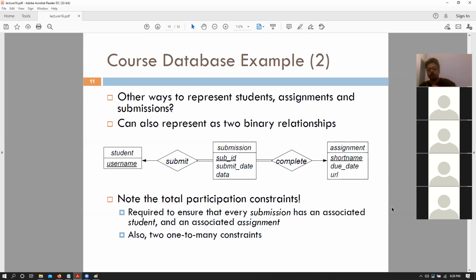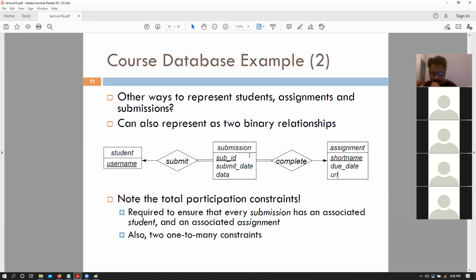Okay, let me ask you another thing. So forget about that part. Given this particular diagram, for our project submission, we said that you will submit one particular report per group, right?